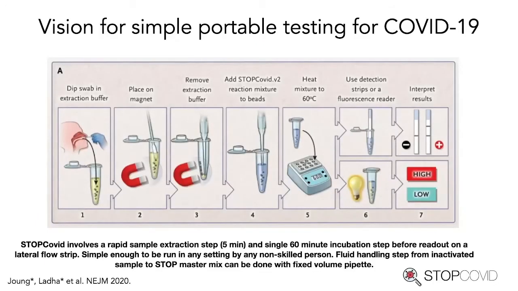However, that authorization was only for high complexity situations. So in collaboration with Feng Zhang, our old mentor at the Broad Institute, we worked on developing a system for portable testing and detection of COVID-19. We developed a system we call Stop COVID, using a Cas12 enzyme, which also has collateral activity, but allows us to do very robust high temperature amplifications, where we can simply dip a swab in an extraction buffer.